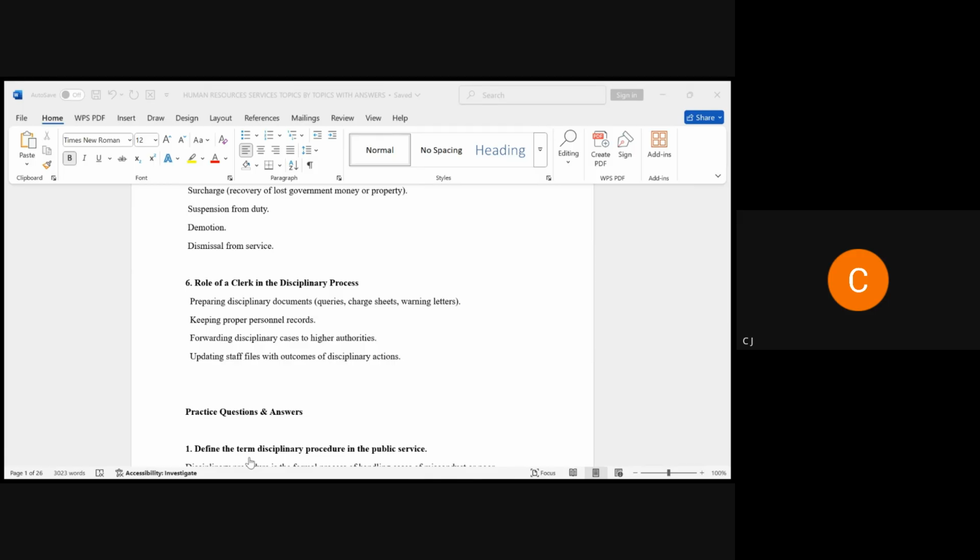The process used in public service to address cases such as gross misconduct, steps an organization takes to address misconduct.